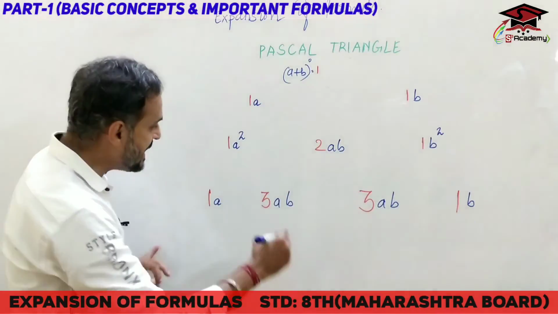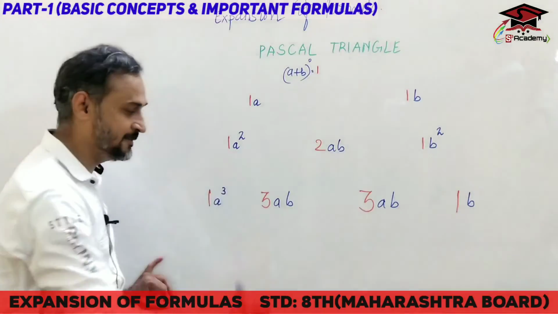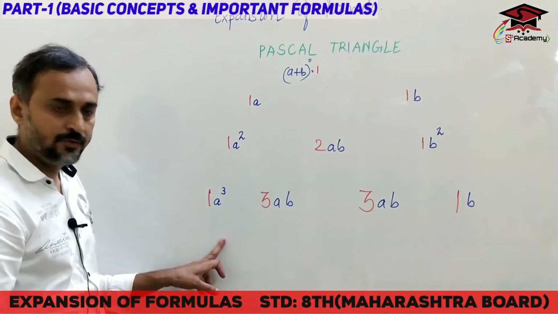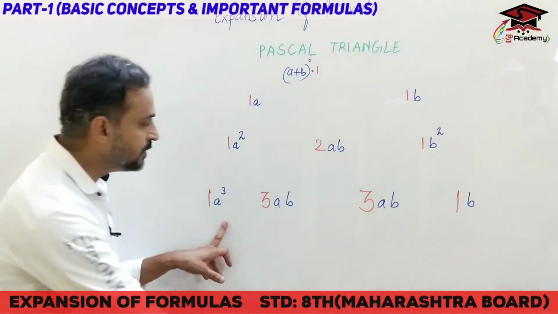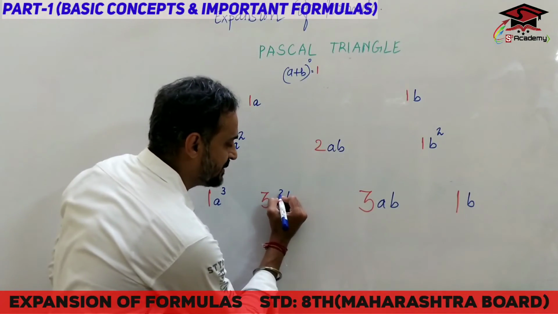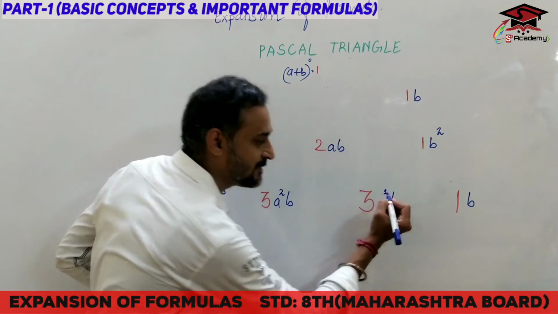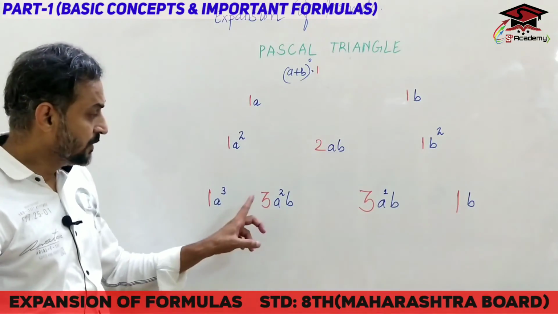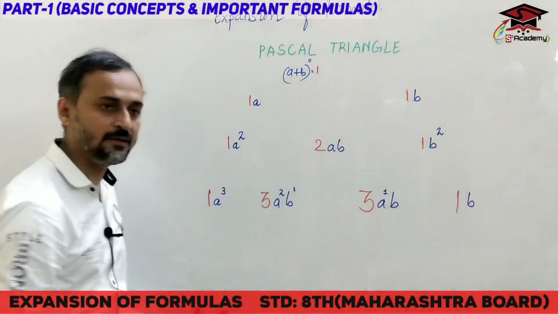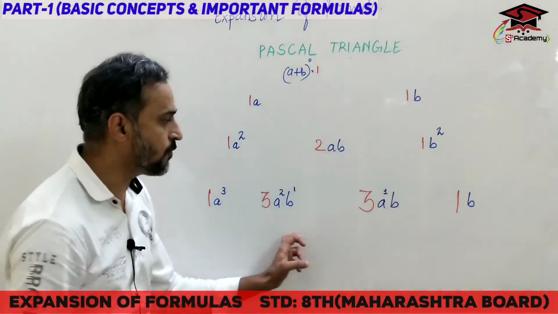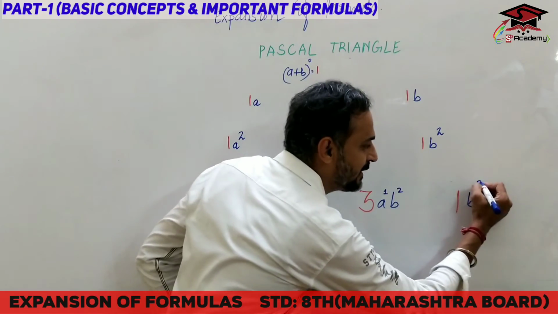Okay students, let me consider 3. Here the variable is a, so 3, let me consider 2, and here nothing is given, so it is 1. Now what do we see over here? Nothing is given, I'll consider it as 1, so now the power goes on increasing: 1, 2 and 3.